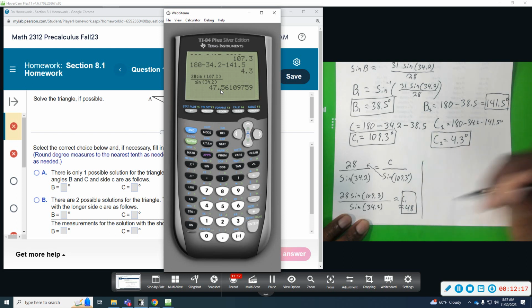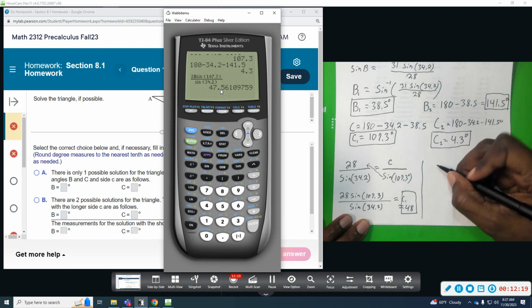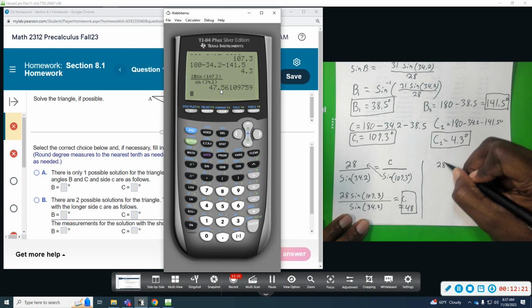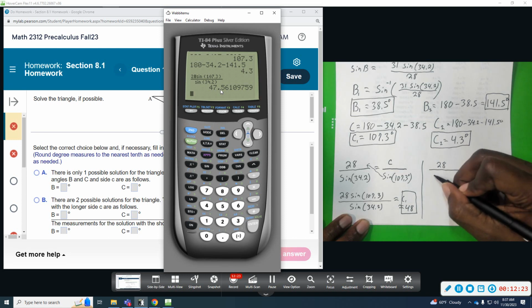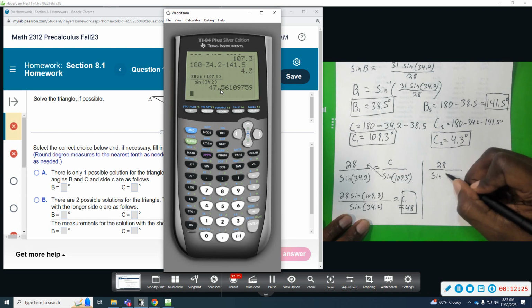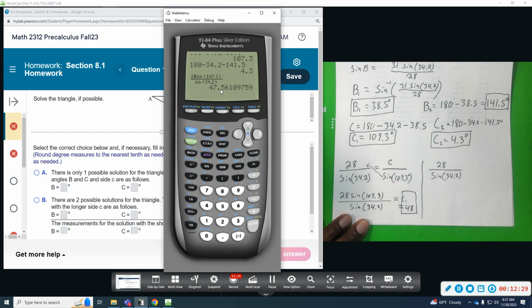All right, I'm going to do the same thing for C2. So 28 for side A over sine A, 34.2, equals C2 over sine of C2, which is going to be 4.3.